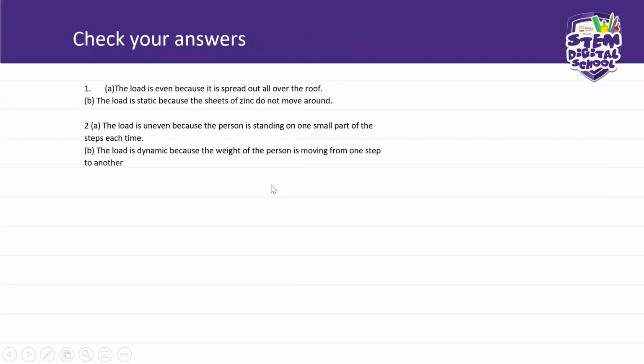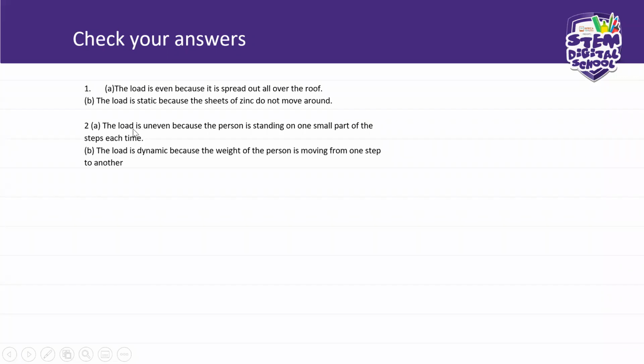Okay. So there are your answers. With the roof tiles, the load is even because it is spread out all over the roof. The load is static because the sheets of zinc do not move around. With people climbing up and down the stairs, the load is uneven because the person is standing on one spot.